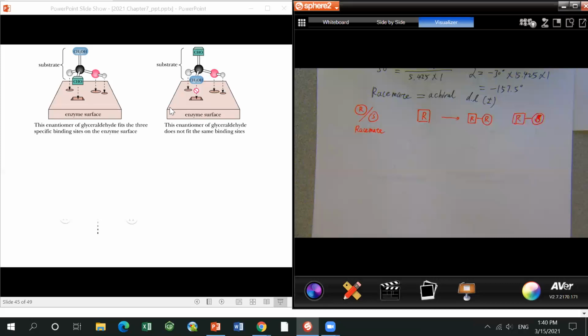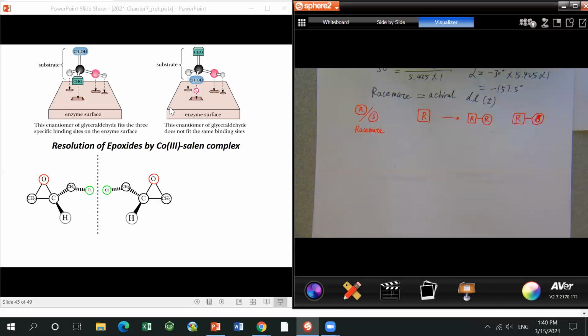In organic chemistry, we try to mimic this process with some other chiral reagent. We call it an enzyme mimic, or just a chiral catalyst. Here's a little bit of my research. I use a chiral cobalt salen complex to try to resolve two enantiomers.